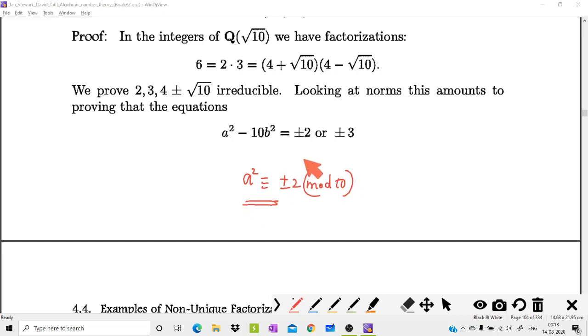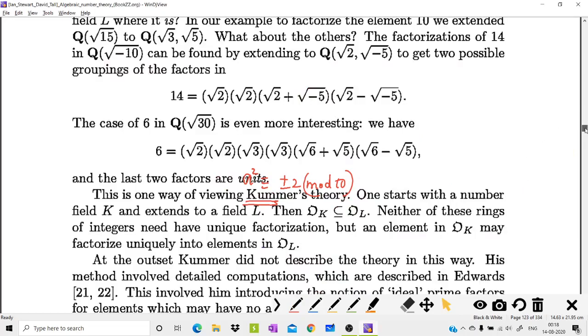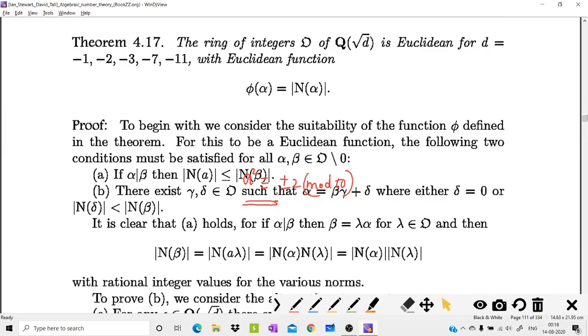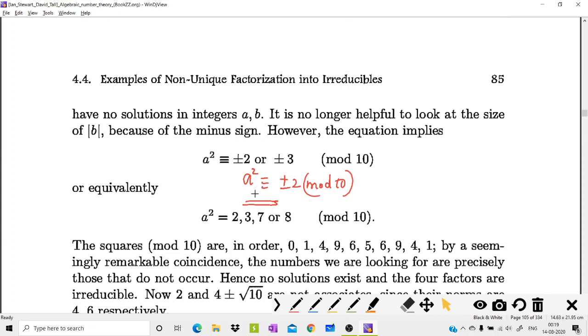We are not going to prove the number theoretical part of this. We will sketch the proof. An equivalent form of this equation is a square congruent to 2, 3, 7 or 8 mod 10, because minus 2 can be written as 8 and minus 3 can be written as 7.